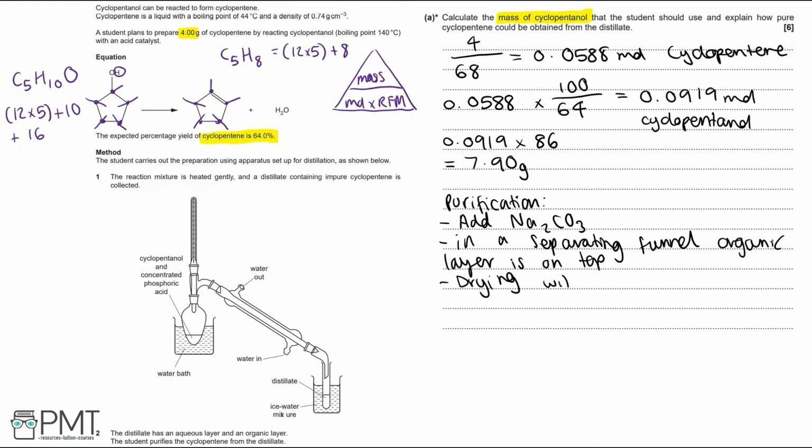Then we need to dry the organic layer with an anhydrous salt, so that's magnesium sulfate, sodium sulfate, or calcium chloride. Finally, we need to redistill at approximately 44 degrees Celsius, and this is because that's the boiling point of cyclopentene, which we're told in the question.